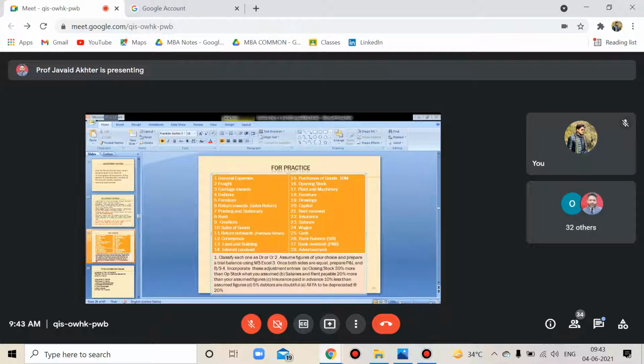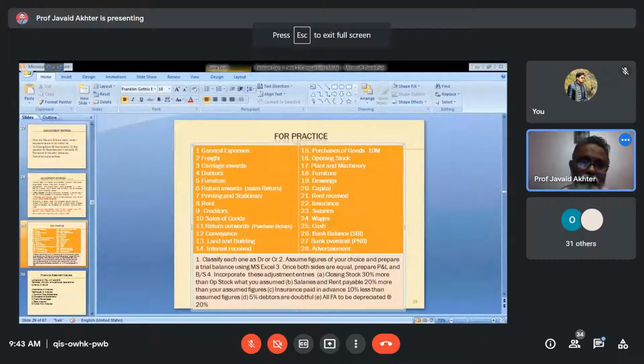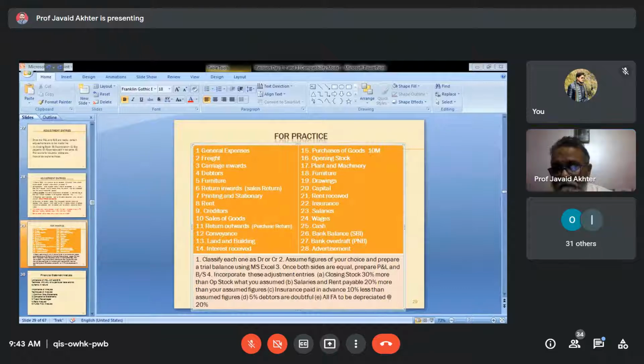In such a situation, 1 lakh rupees will be the advertisement expense in this year and 4 lakh becomes an intangible asset. Is this clear? Which convention has guided us here?